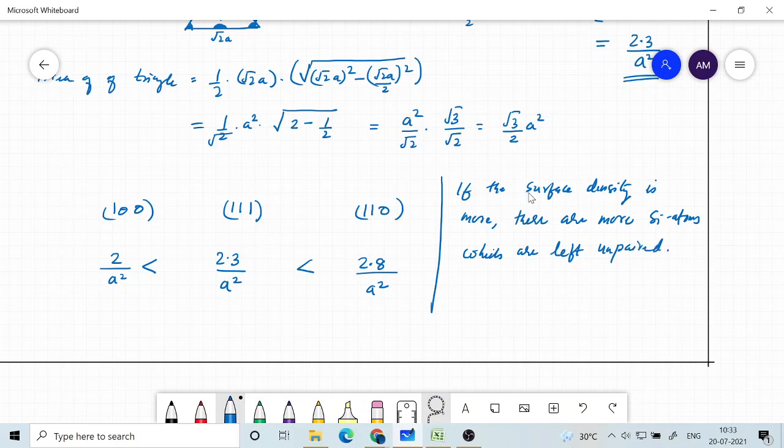Okay, and this will result in what is called a dangling bond.